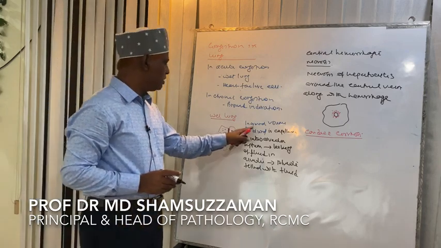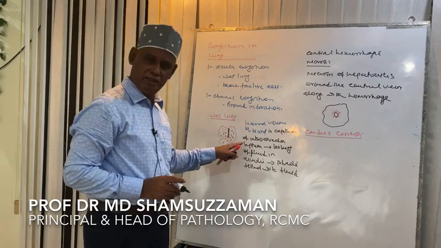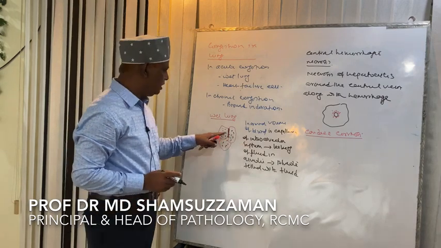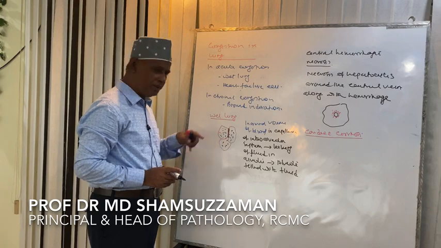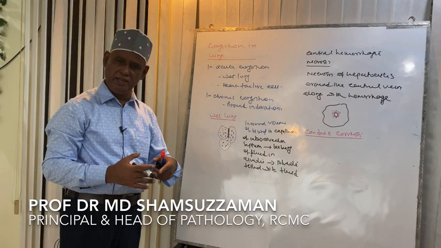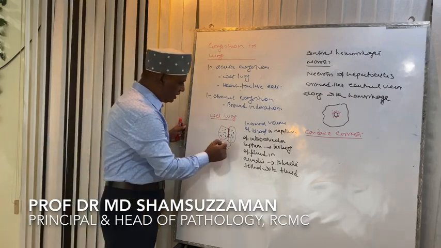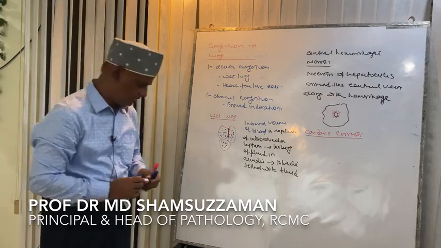Again, due to increased volume of blood in the interalveolar septal capillaries, there will be leaking of fluid in the alveolar lumen. The alveoli are filled with the fluid, and this is known as wet lung.